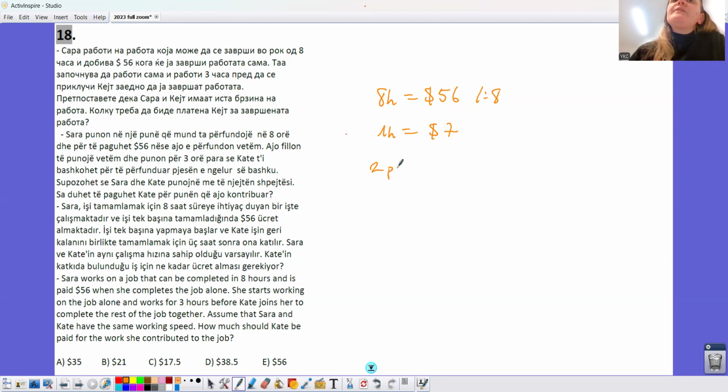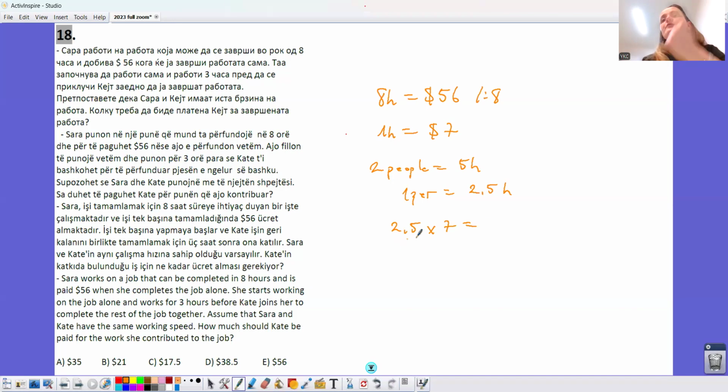So 2 people worked 5 hours. I'm trying to find how many hours one of them works, so I will divide by 2. So one person works for 2.5 hours. So if 1 hour is paid $7, then 2.5 times 7 will give us how much will be paid for one of them when they work together.